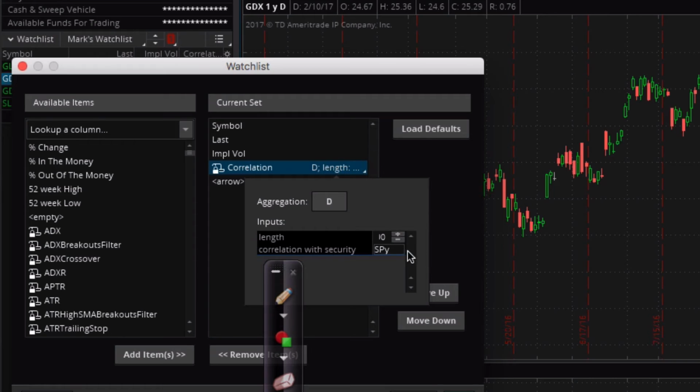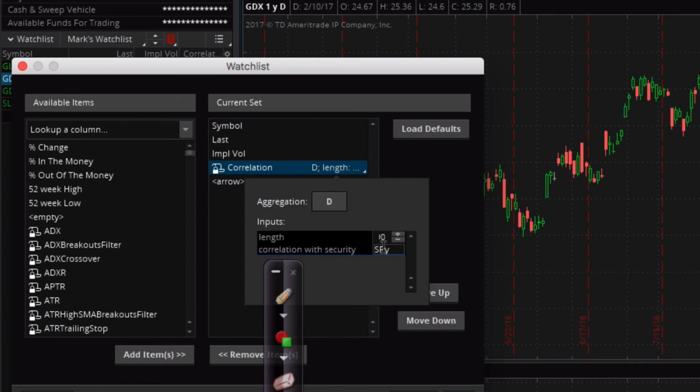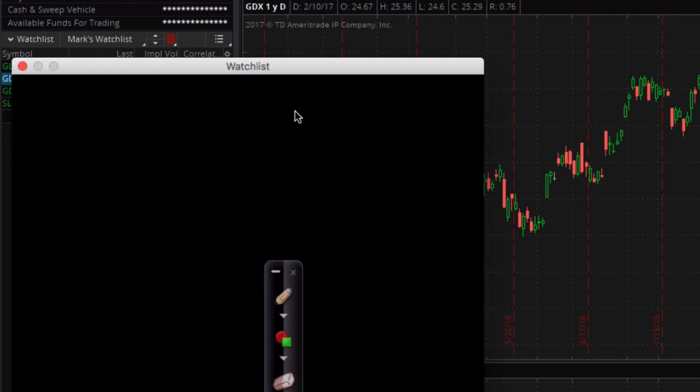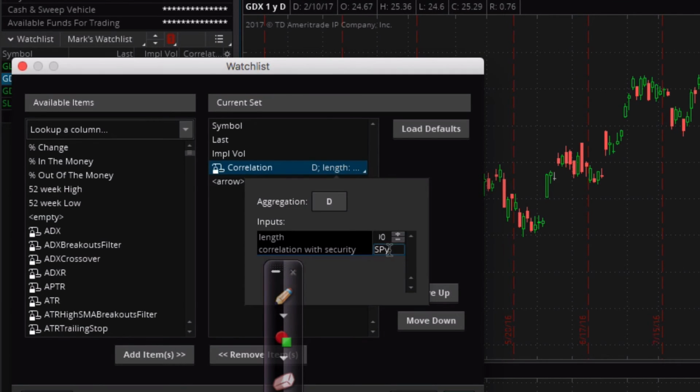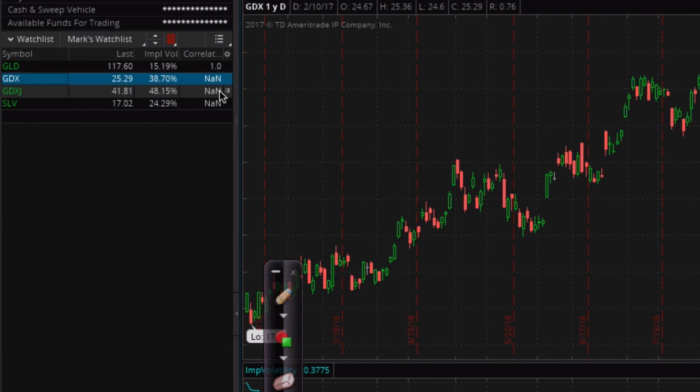I want to change that to GLD if my computer will cooperate with me, which it's not doing. Oh well. Let's try it one more time. Delete, GLD. Okay, did we get it this time? Yes, there we go. And let's give it a second.